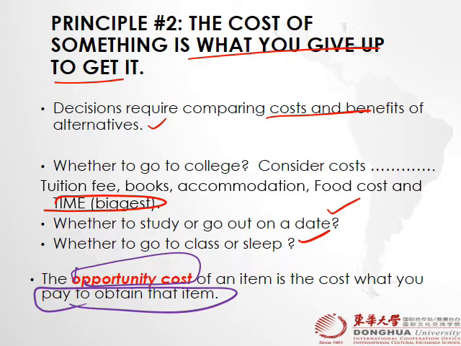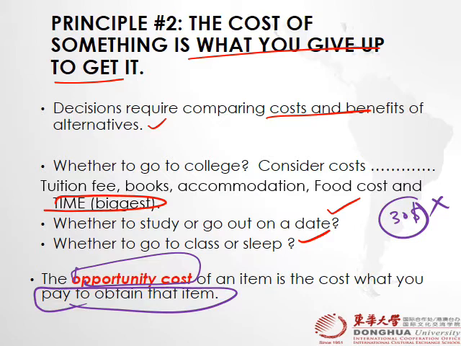So here, for example, the date would cost you $30. So you forgo that date option and you come to the college to study. So the foregone cost or opportunity cost is $30. Or whether to go to sleep or go to class. So what are the costs?